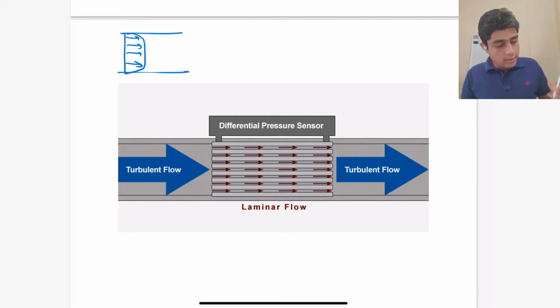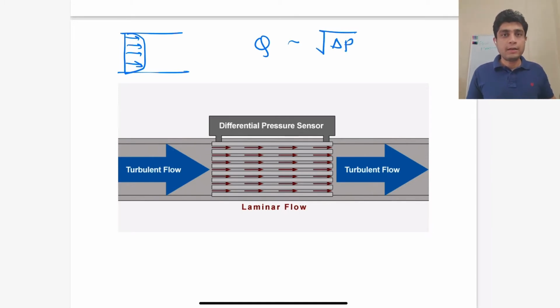So in all these cases, we found that the flow rate is related to the square root of the pressure difference. This is not a linear relationship, and let's say your flow rate reduces by 2 times, that means your pressure difference would reduce by 4 times.